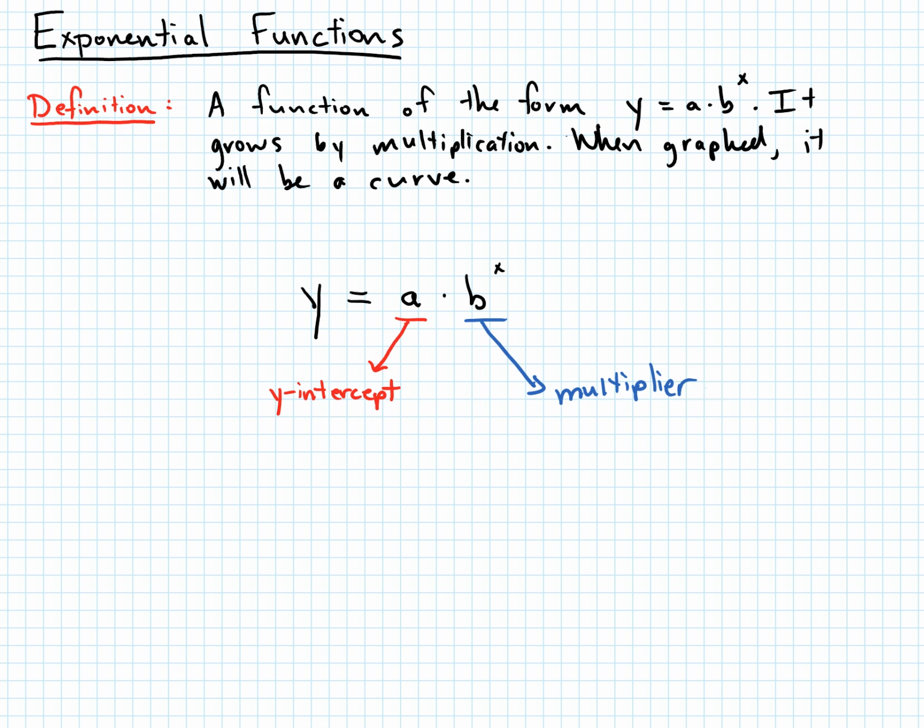Then a quick note here: the x is an exponent of b, so it's b to the power x, not b times x. A couple more things here.